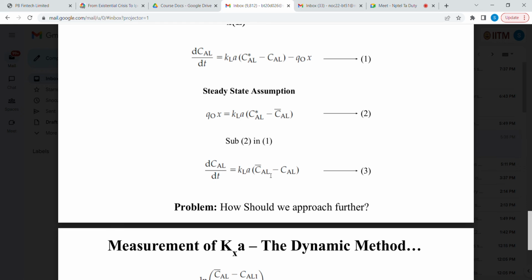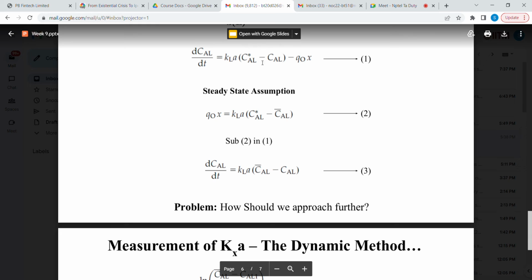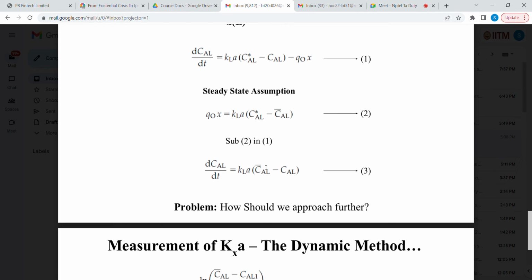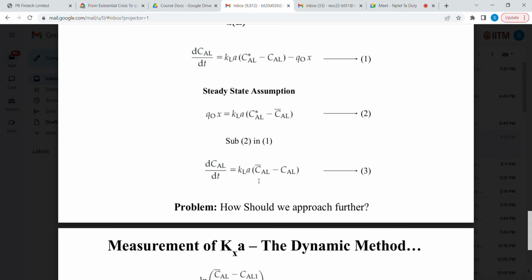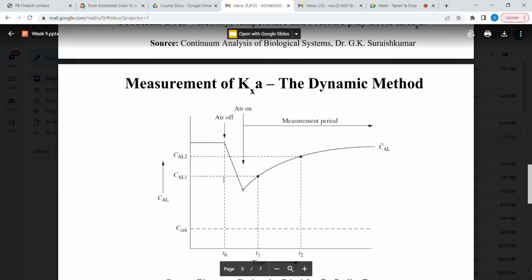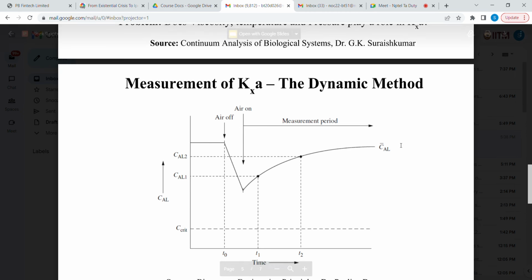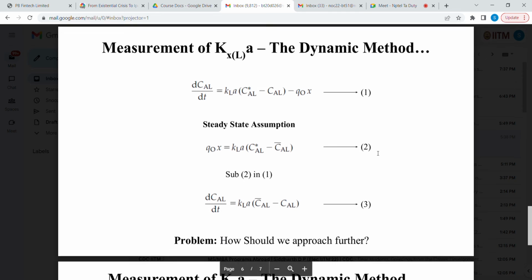C star that we saw here is the amount of oxygen that saturates a pure liquid, which does not have any consumption kinetics. CAL dash is the saturation concentration of oxygen in the presence of an oxygen consuming organism. So CAL star and CAL dash are not the same, but they are similar. So we had this question here, right? Why this and this. So that's the difference actually.